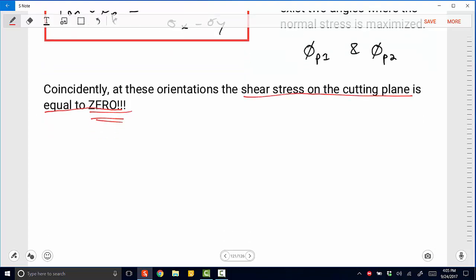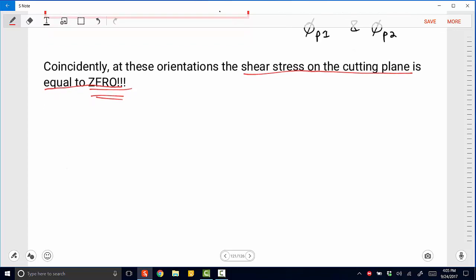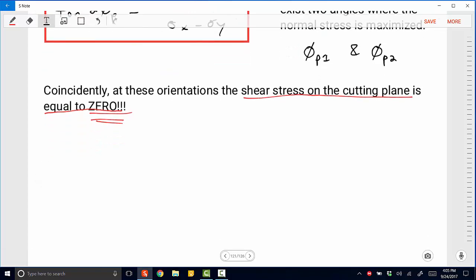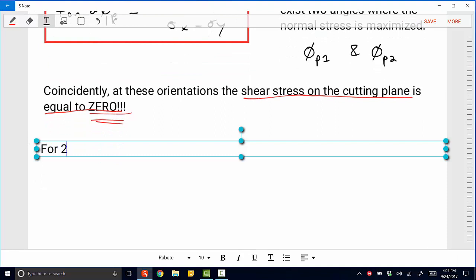And so in essence, we've found the principal directions within this body. So for 2D problems, let's review this.